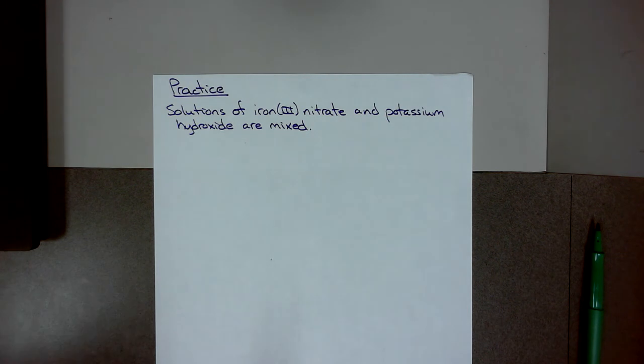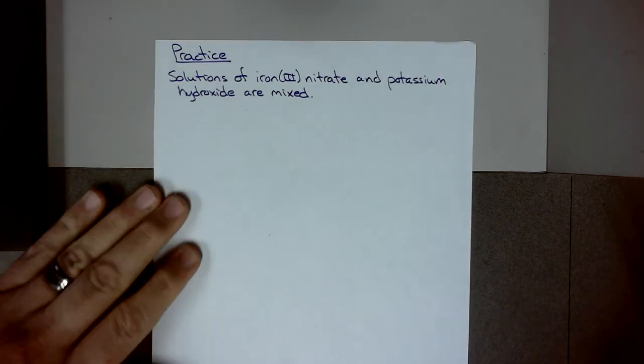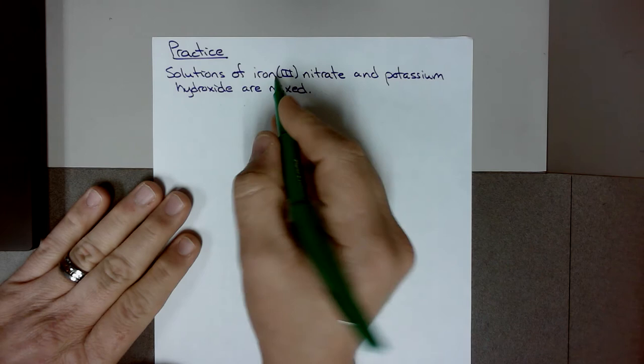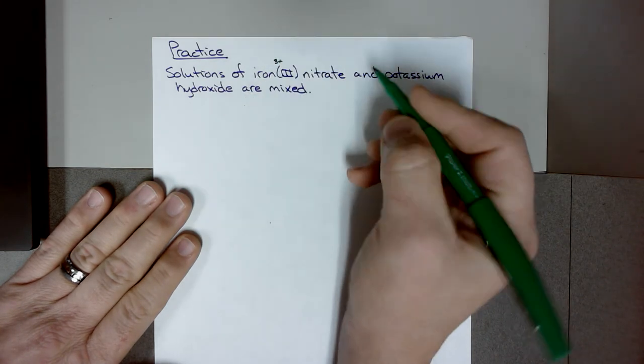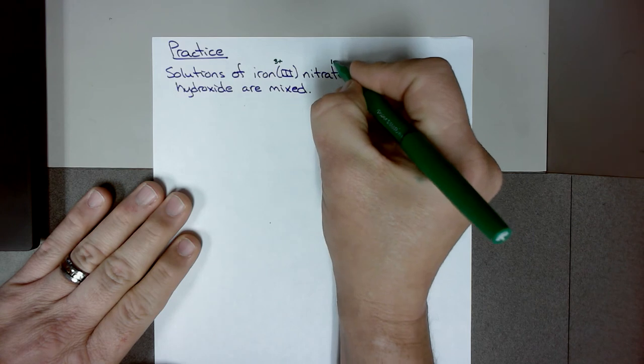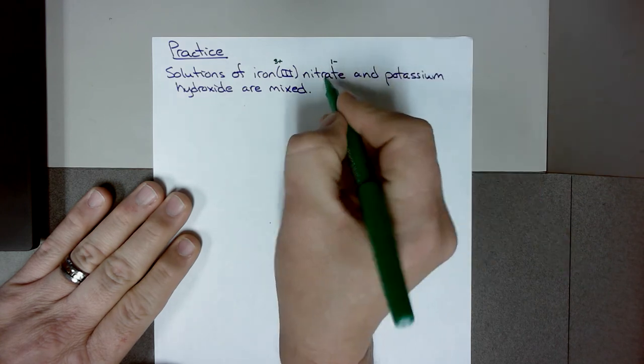So the first thing you have to do is write the correct formulas down and balance the equation. So we're going to write the formula equation, and in this case we know that iron 3 means that iron is a 3+, and we know nitrate's a 1-. So that means I need 3 nitrates to go with 1 iron.